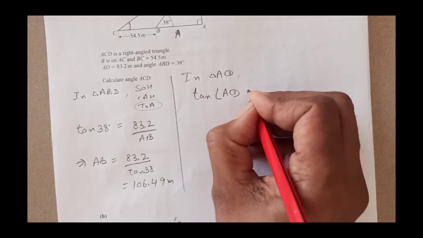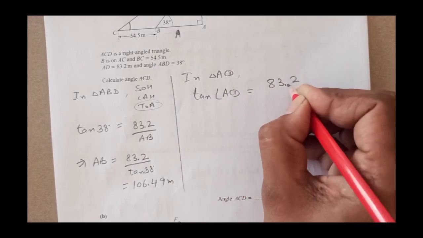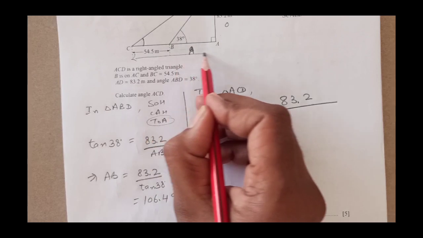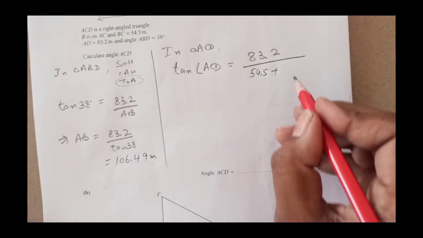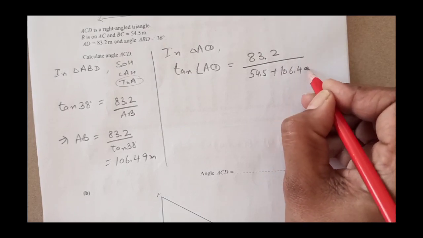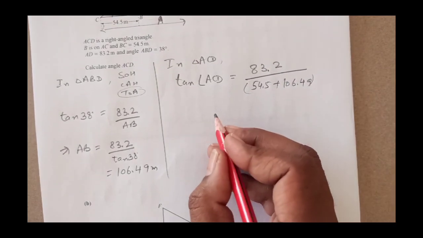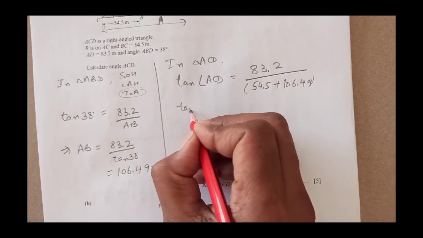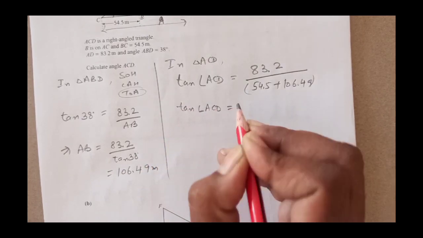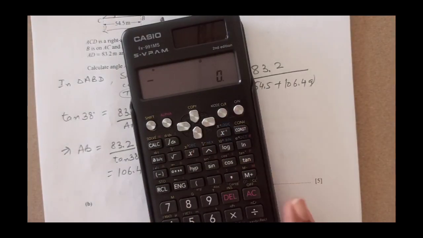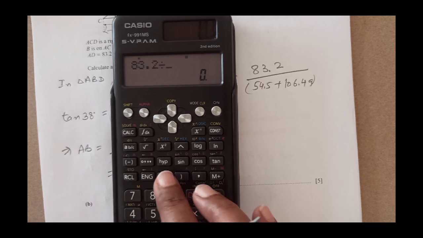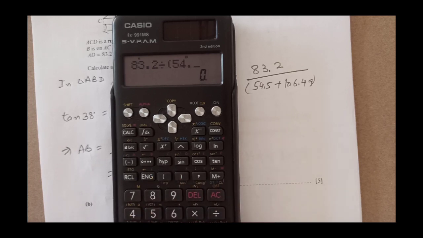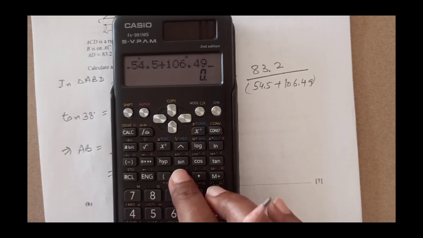angle ACD is equal to 83.2 over, we are looking for the total, which is going to be 54.5 plus 106.49, right? So tan of ACD is equal to 83.2 divided by 54.5 plus 106.49.